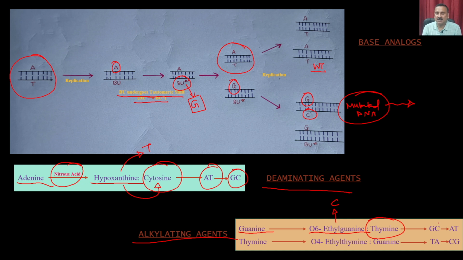In this case, the GC is going to be replaced by AT, and the same is true for the thymine. When it is getting alkylated, it is going to form ethylthymine, and ethylthymine is going to make the base pairing with the guanine rather than the adenine, and as a result the TA is going to be replaced by the CG. So these are some of the mechanisms through which the DNA is going to be mutated.